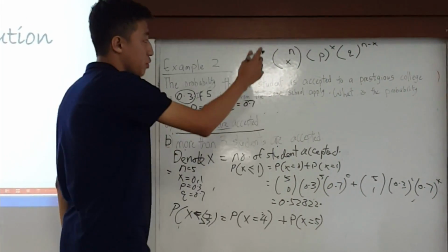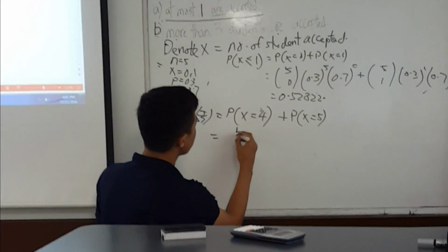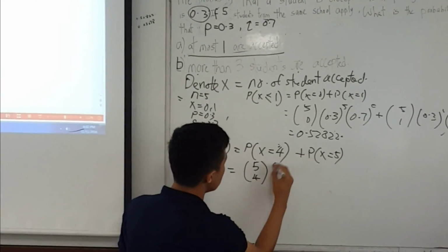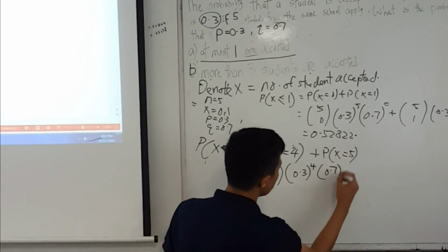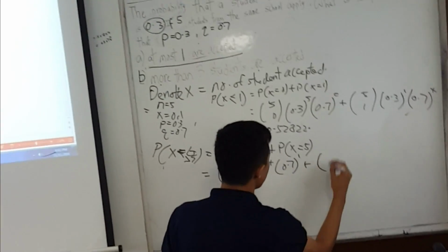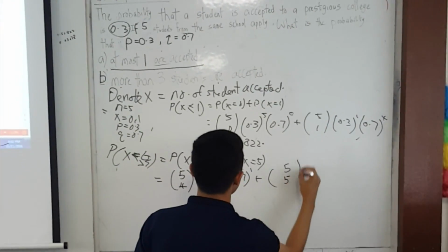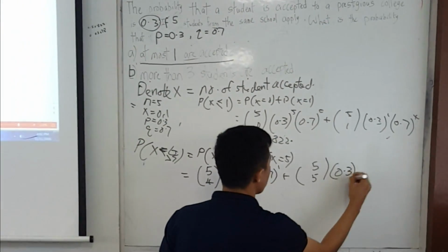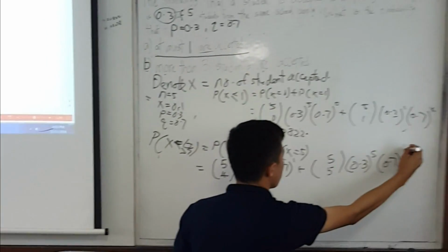By using the same formula again, 5 C 4 times 0.3 to the power of 4 times 0.7 to the power of 1, plus 5 C 5 times 0.3 to the power of 5 times 0.7 to the power of 0.